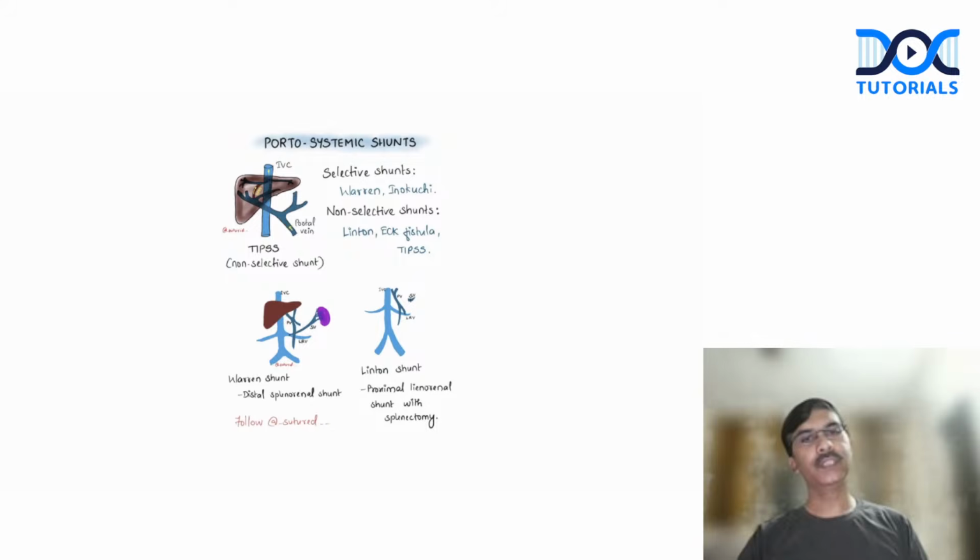Warren shunt or distal splenorenal shunt, which was extensively recommended in alcoholic cirrhotic patients for selective devascularization of the gastrosplenic junction, lost its significance because they used to form collaterals in some other pathways, and the very meaning of preserving the spleen and eliminating the various gastroesophageal junctions failed.